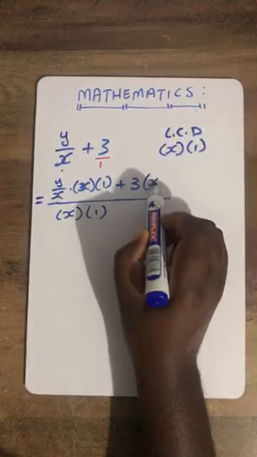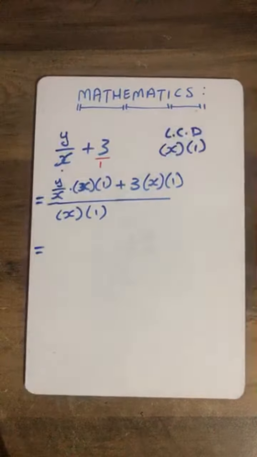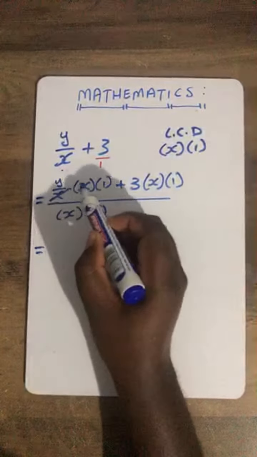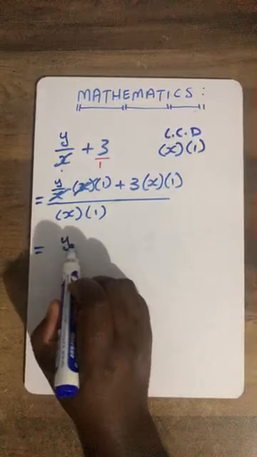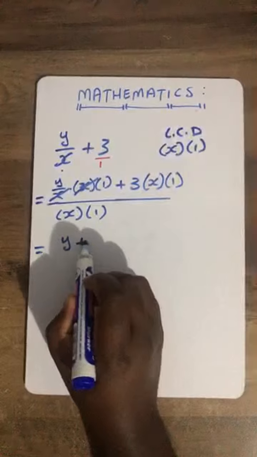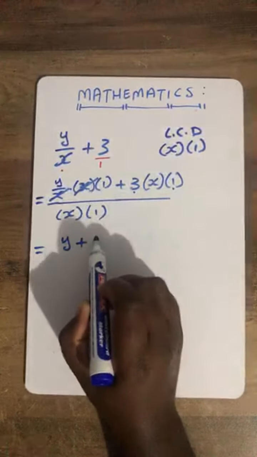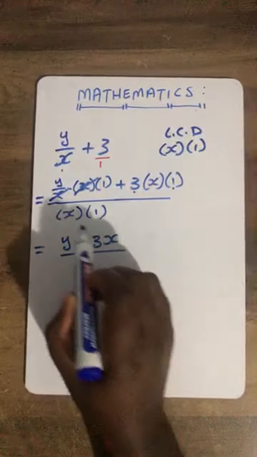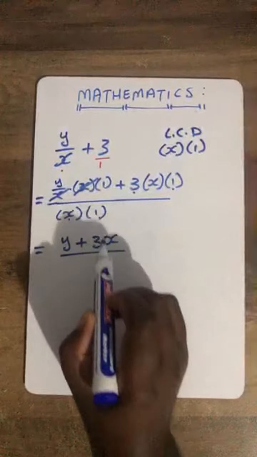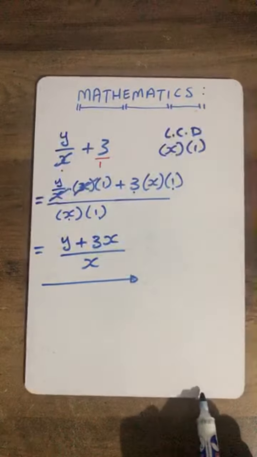You are going to multiply it by that x and also 1. You therefore have this x cancelling with that x. 1 times y, it is just y. Plus, you therefore have 3 times 1, which is just 3. You still have that x there divided by, what is x times 1? It is just x. Then you are done.